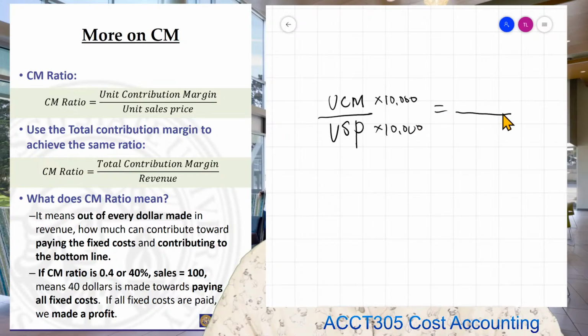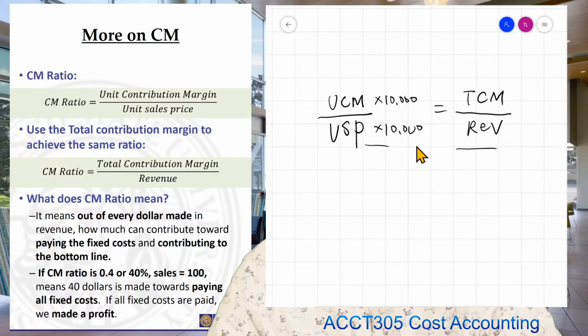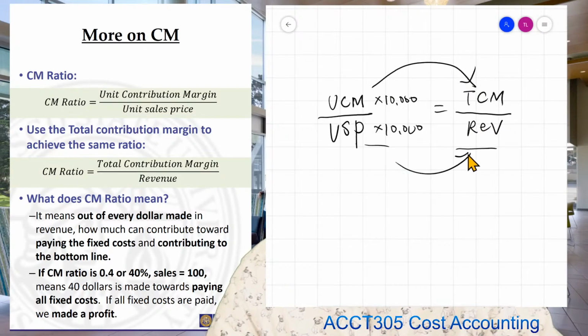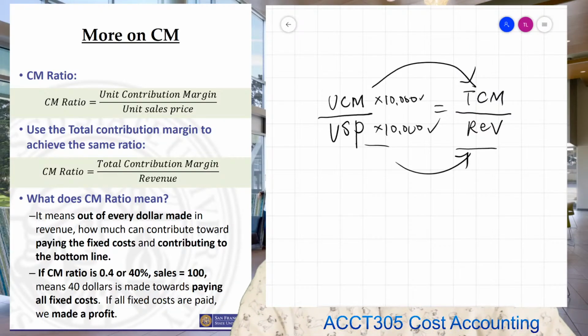This will be the total contribution margin, and here unit selling price times the volume will be revenue. So these two things are exactly the same, because they are multiplied by the same factor, the volume. Some students struggle: the CM ratio, is it unit price or total revenue here? No, just try to understand the underlying principle, then you won't forget.